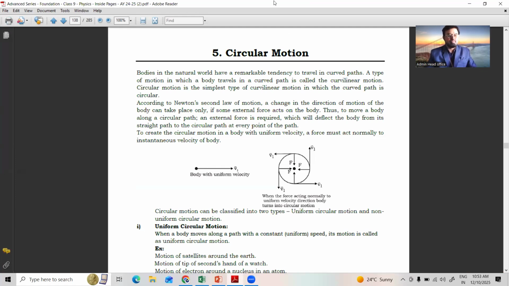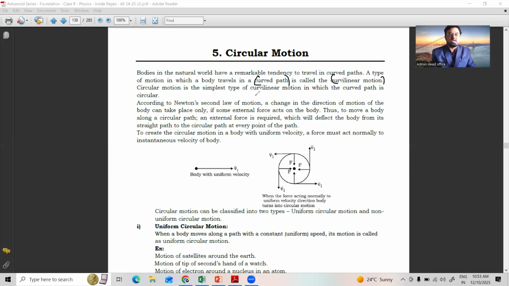Chapter number 5. Bodies in the natural world have a remarkable tendency to travel in a curved path. A type of motion in which a body travels in a curved path is called curvilinear motion.